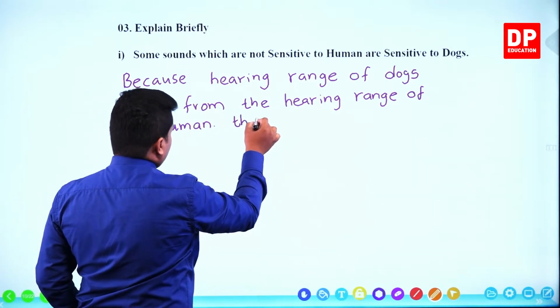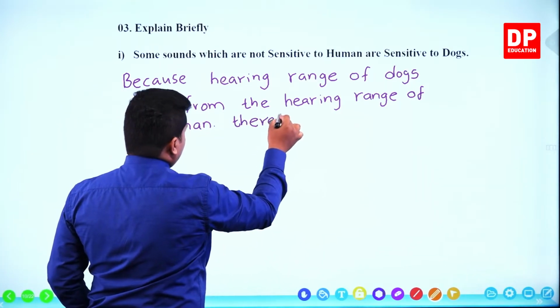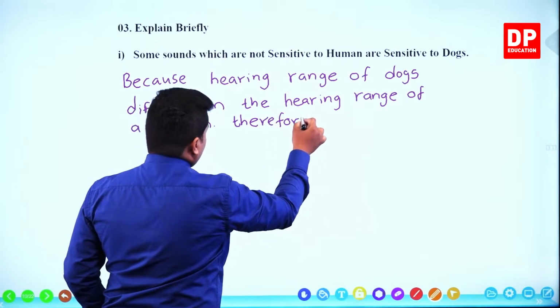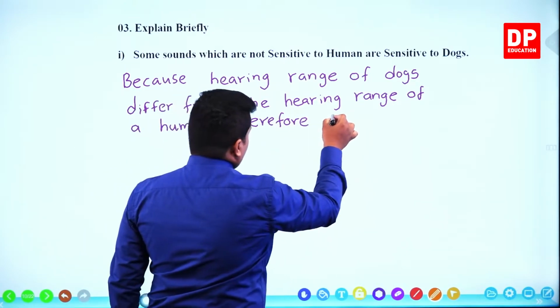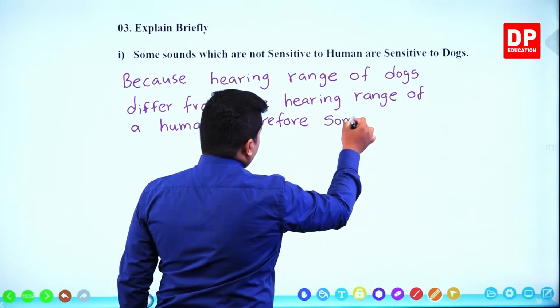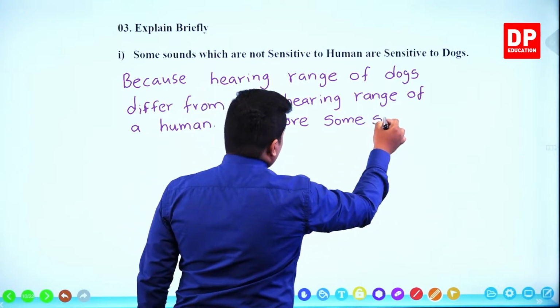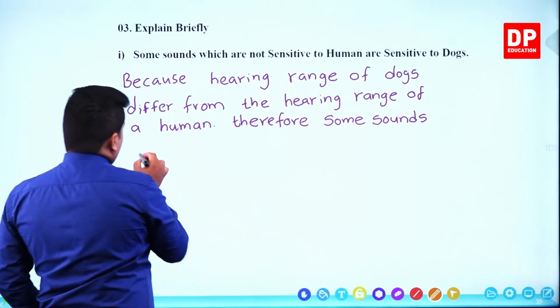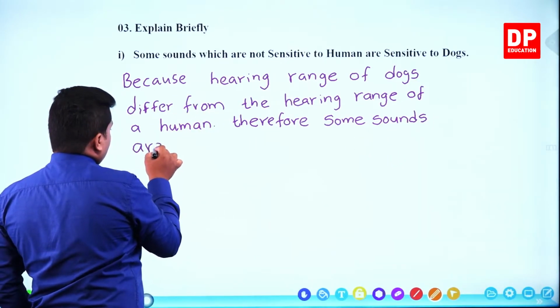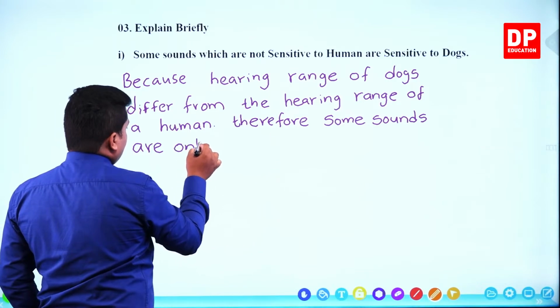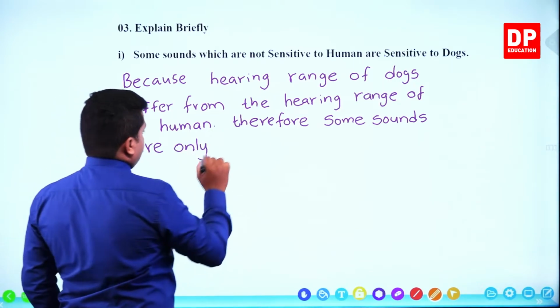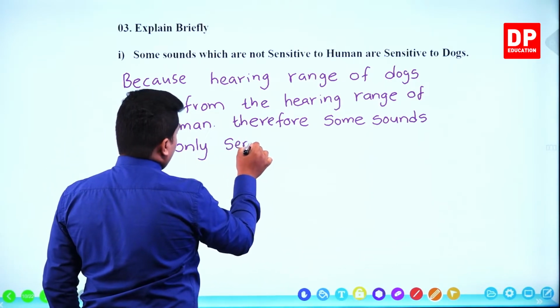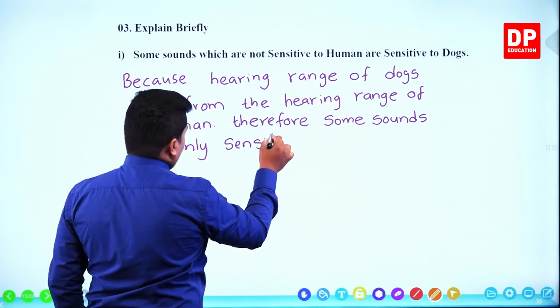Therefore, some sounds are only sensitive to dogs.